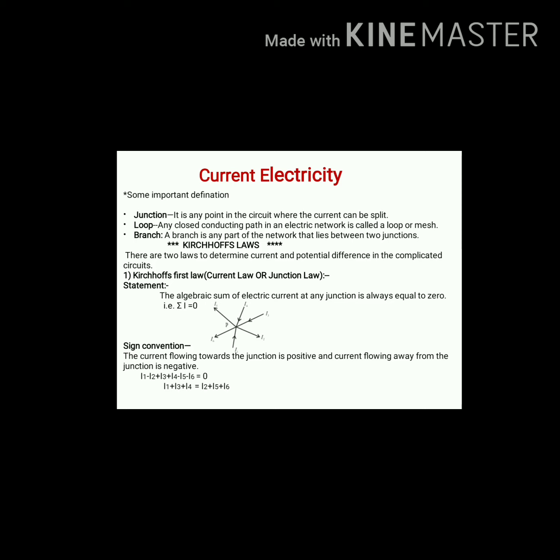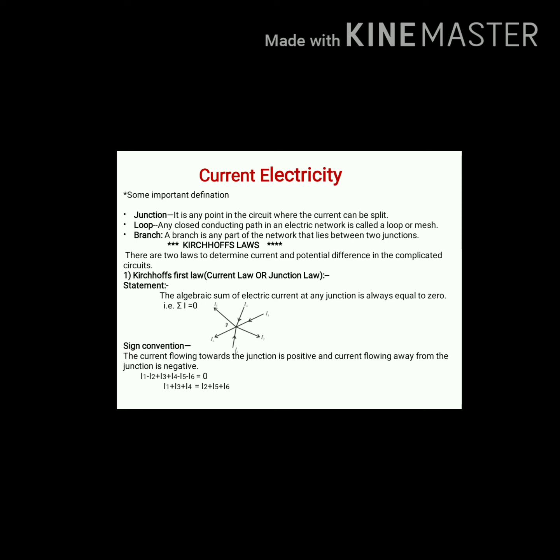Here I1, then I3 and I4 are flowing towards the junction. म्हणजे याच्यामध्ये I1, I3 आणि I4 हे जे करंट आहेत ते पॉईंट P च्या दिशेने फ्लो होतात. आणि I2, I5 आणि I6 हे जे करंट आहेत हे पॉईंट P म्हणजे जंक्शनपासून दूर निघून जातात. म्हणजे जंक्शनच्या अपोजिटली फ्लो होतात, म्हणून ते सगळे निगेटिव्हली दाखवलेत.